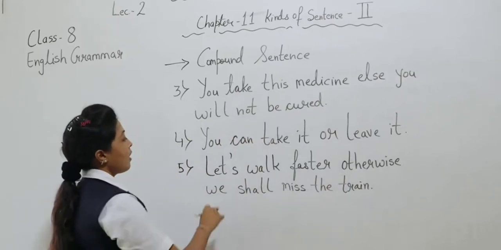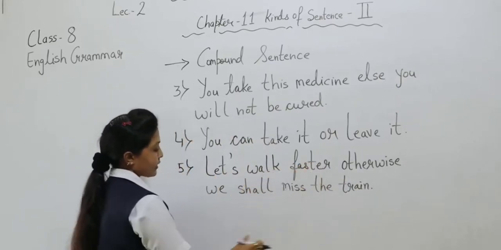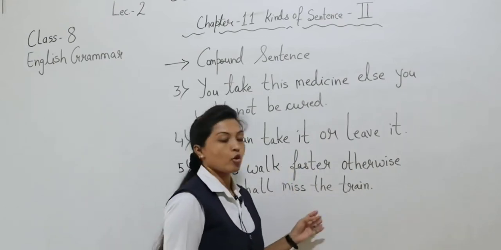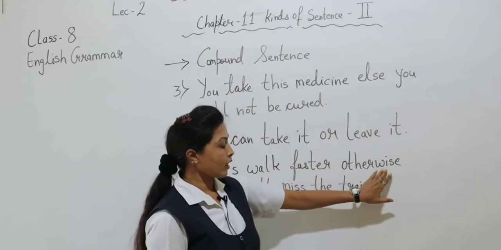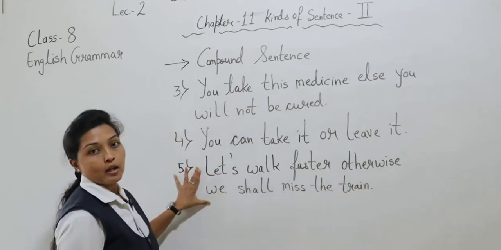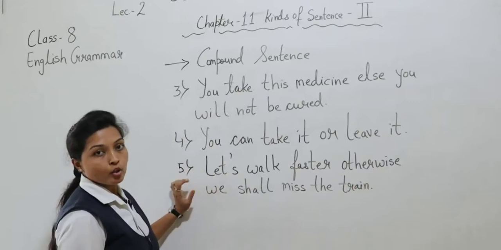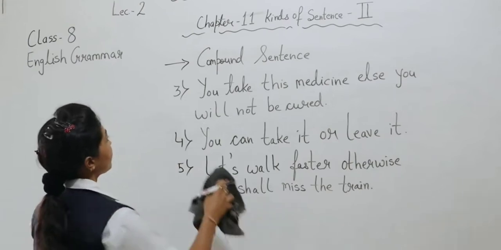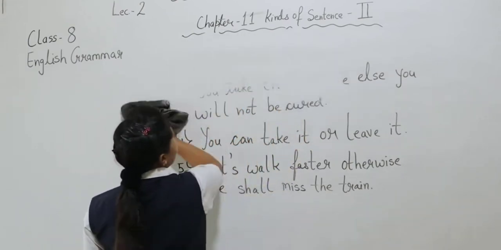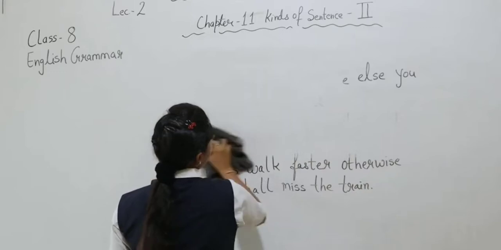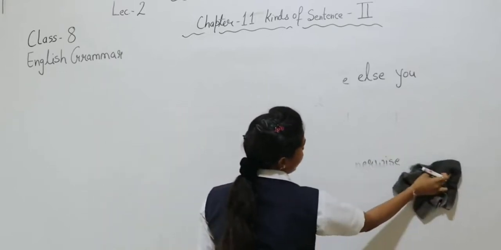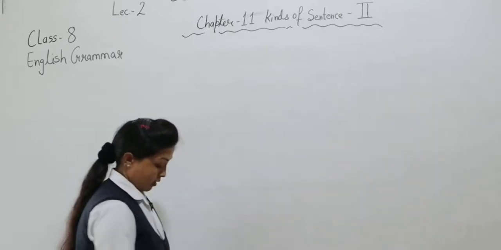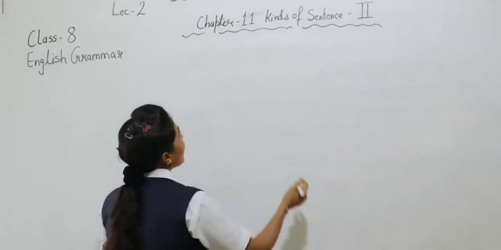So in this, let's walk faster is the first part, the second part is we shall miss the train, and these 2 parts are joined by the coordinate conjunction otherwise. Both the parts are independent clauses. I hope that after completing this many examples, you are clear with the concept of compound sentence.